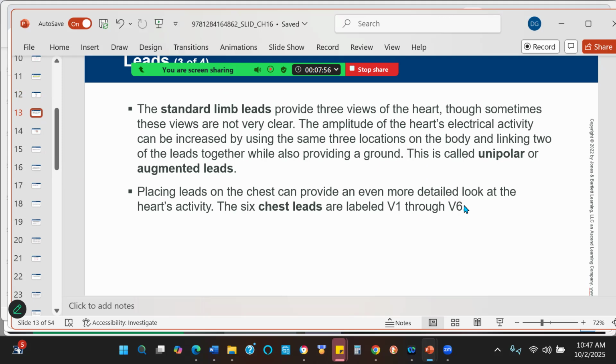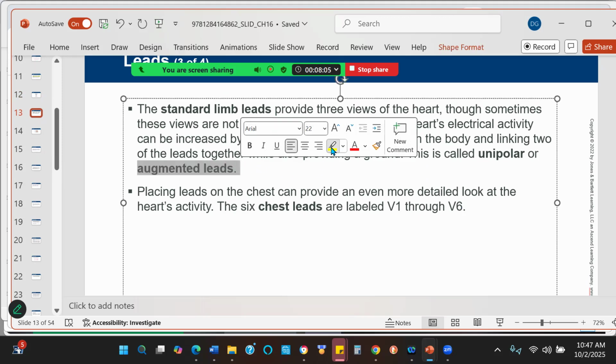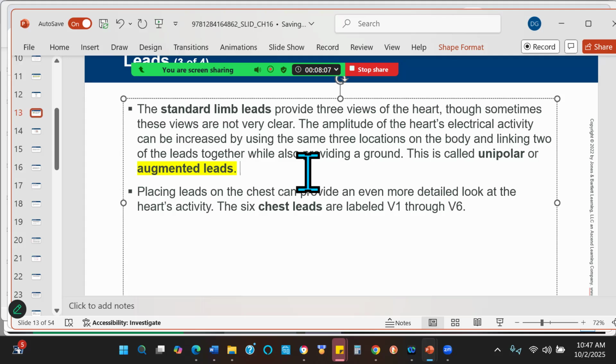Beyond those standard limb leads, which are 1, 2, and 3, we have something called augmented leads. Those augmented leads are AVR, AVL, and AVF. I don't know why they didn't list them here. Maybe they're going to do it on the next slide. AVR, AVL, AVF, and those are augmented leads that pick up areas of the heart that the limb leads do not.